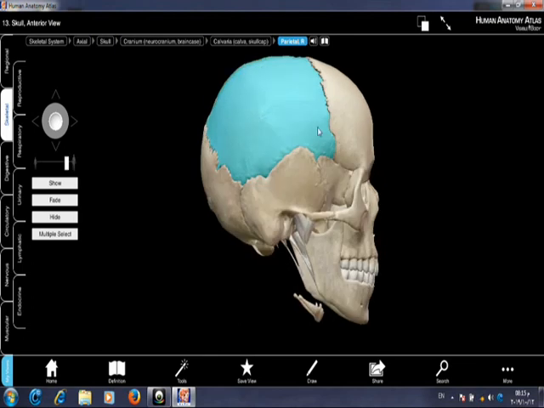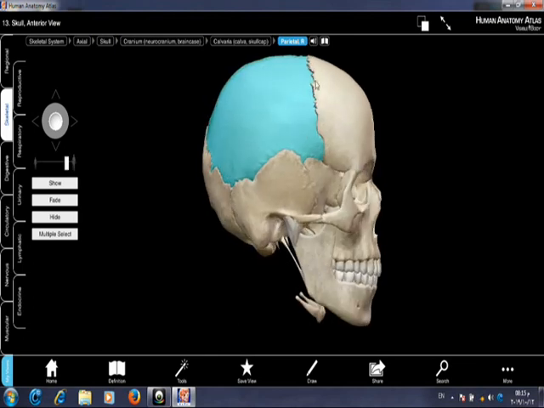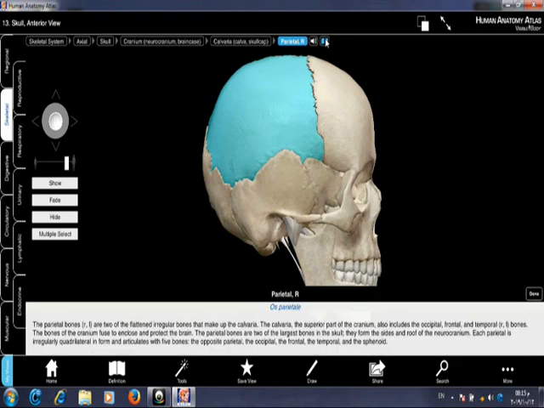It is where the hair of your head is more obvious. The parietal bone, right and left. Okay, you see my students, right and left, as I just said.